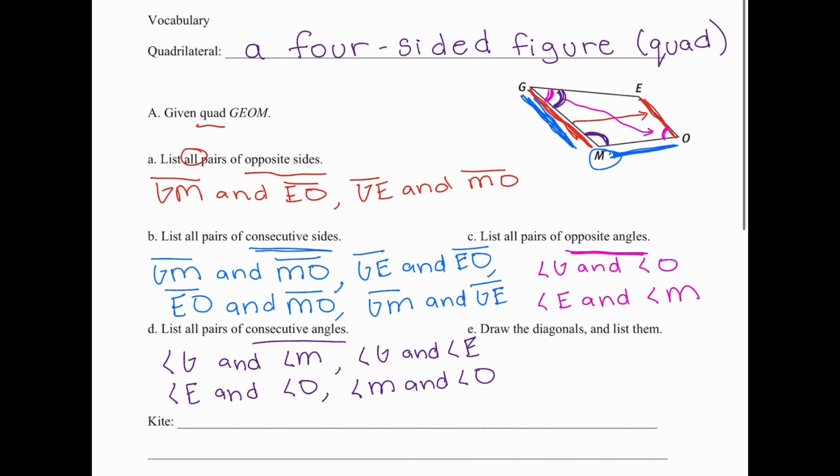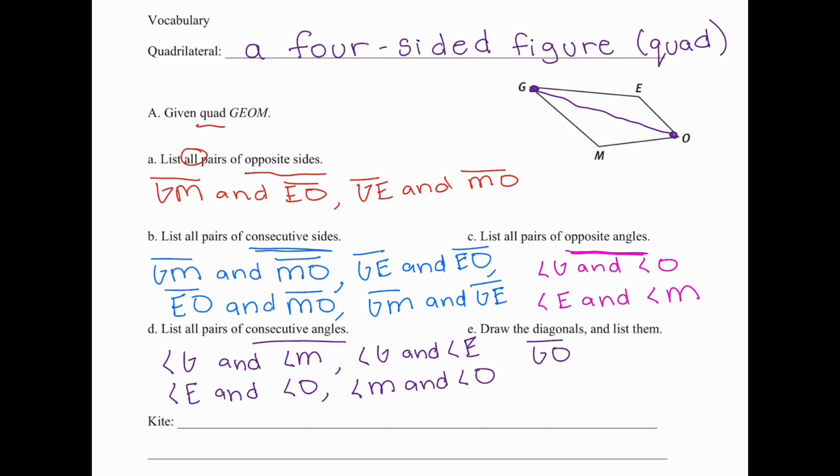The last part says draw the diagonals of this quadrilateral. So I'm going to erase my markings for a second. To draw a diagonal, we start from one vertex and draw a line to its opposite vertex. That is one diagonal. That's the diagonal GO.